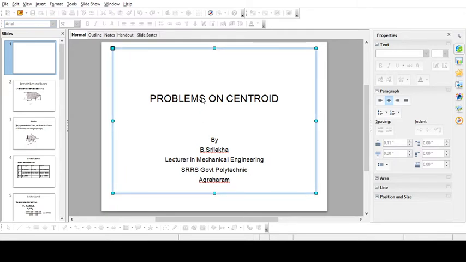The first rectangle is of length 50 and its breadth is 15, and the second rectangle is of length 50 and breadth 15. The leftover rectangle has length 15 and breadth 70, because 100 is the total height given, but here 15 is taken and here 15 is taken, so the leftover will be 70.